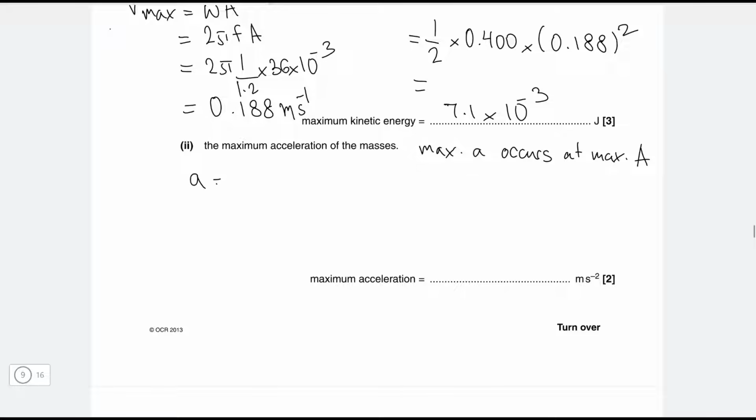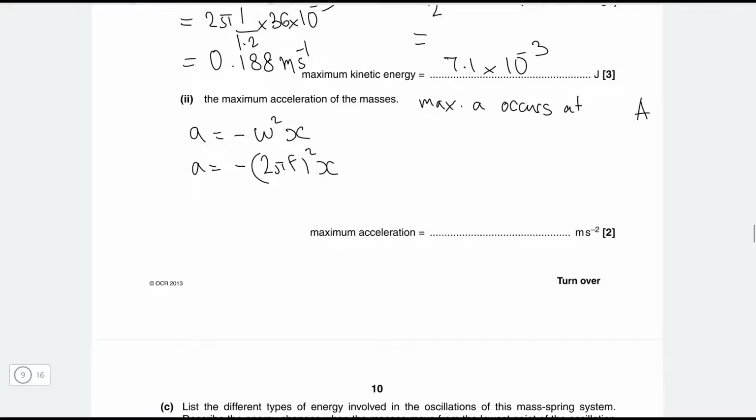So the equation for simple harmonic motion is a is equal to minus omega squared times x. So the maximum acceleration occurring at the maximum displacement, there's only one amplitude really, so I'm just going to remove the word max. So a will be minus 2 pi f squared multiplied by x, and we can just plug in some numbers. So it's going to be minus 4 pi squared times f squared times the amplitude, if this here is a max.